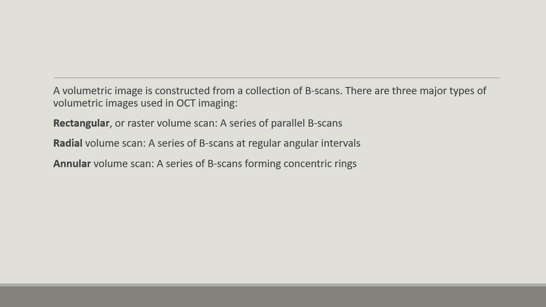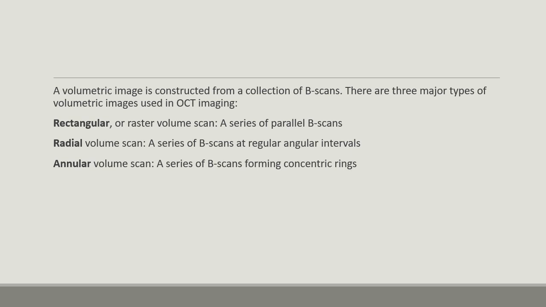Now these B scans are further arranged to give you three types of volumetric images in OCT. The first one is the rectangular image or raster volume scan, in which the images are displayed using a series of parallel B scans.